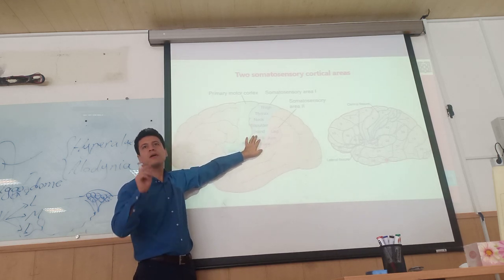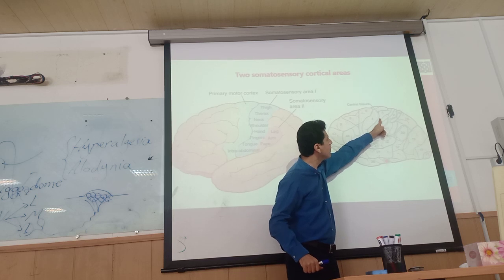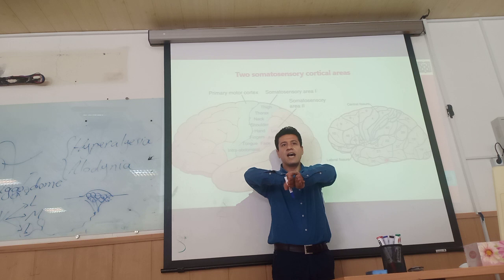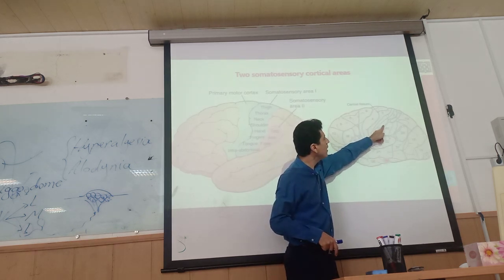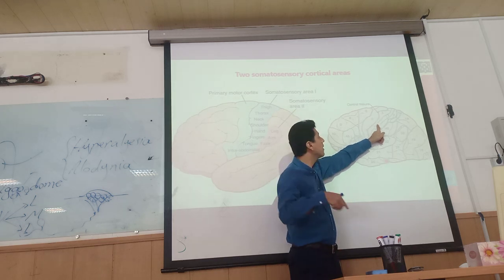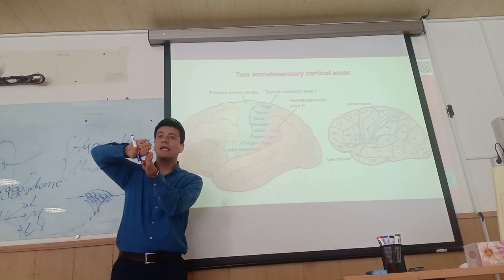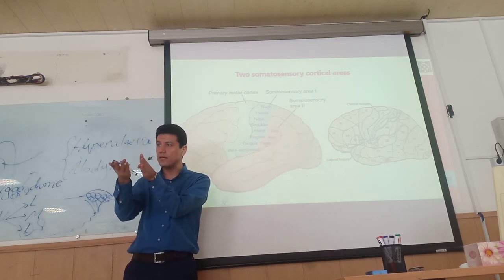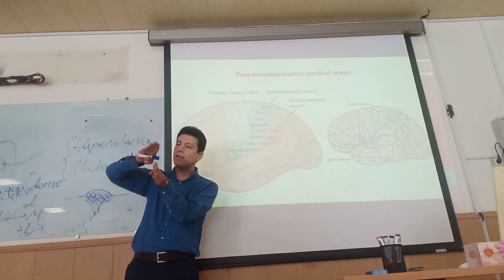In Brodmann's areas it is 1, 2, and 3. The 3 is deep inside the fissure, then we have 1 and 2. It's a gyrus, so we have some deep areas and some highest areas.